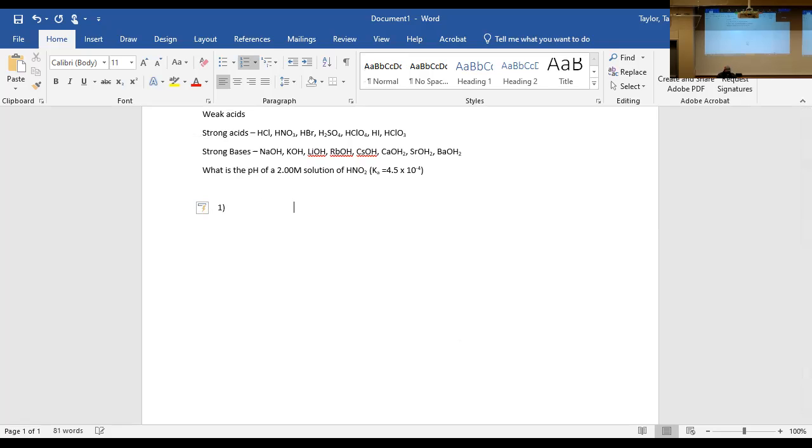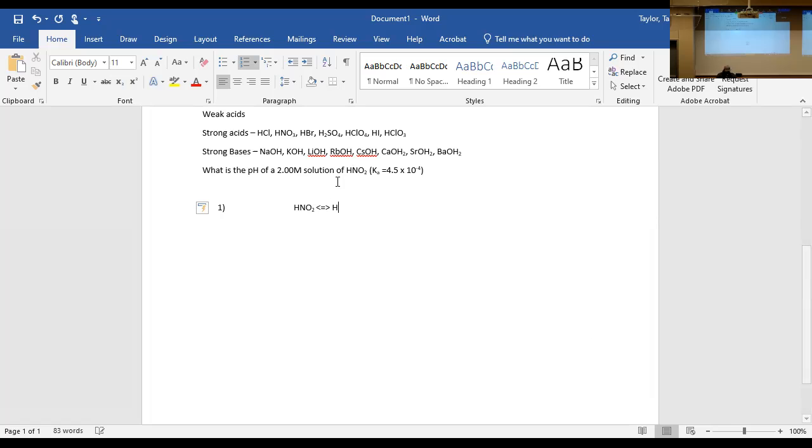Since it is a weak acid, we start out with HNO2. I don't have the double-sided arrows, so we're going to use an equal sign. That's just saying it goes both ways.